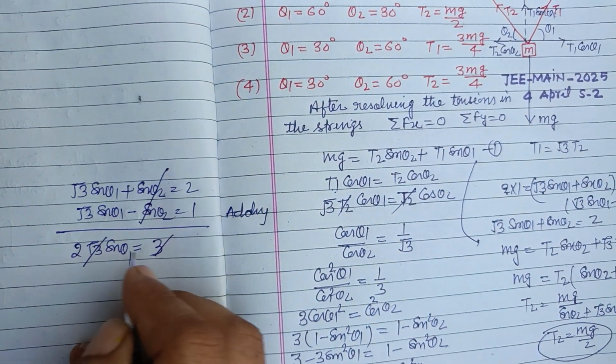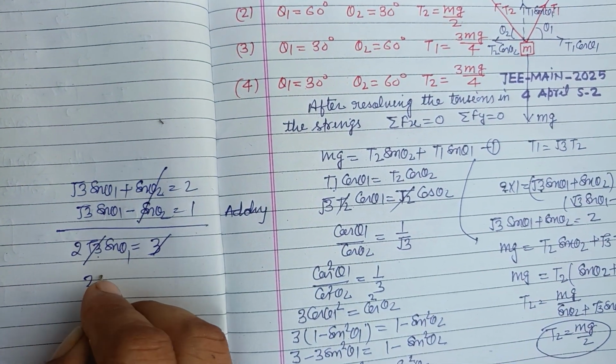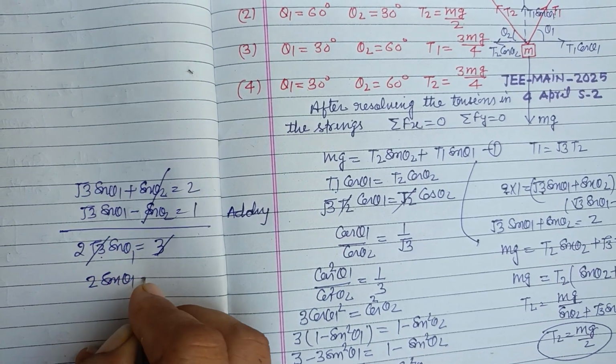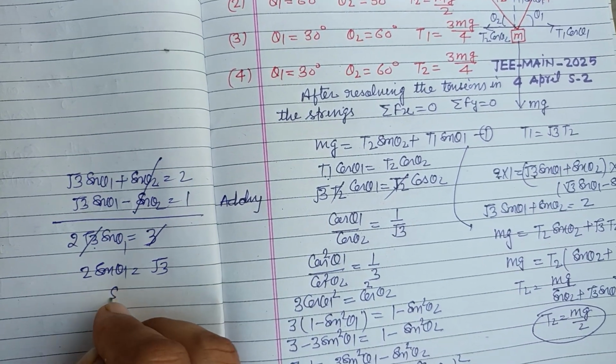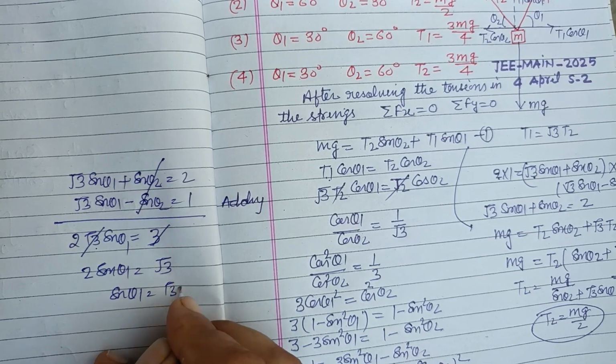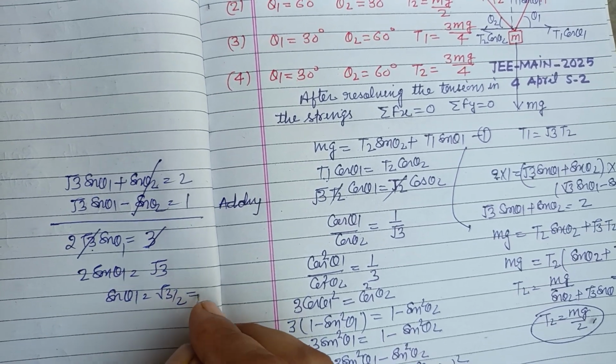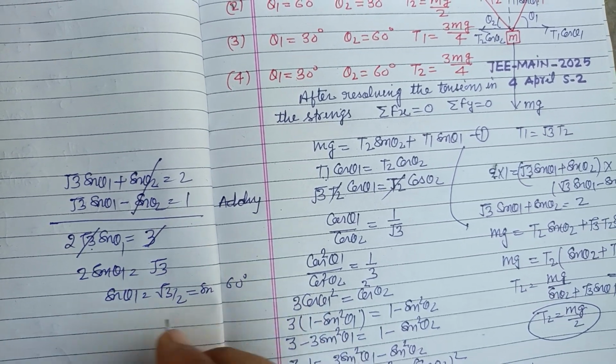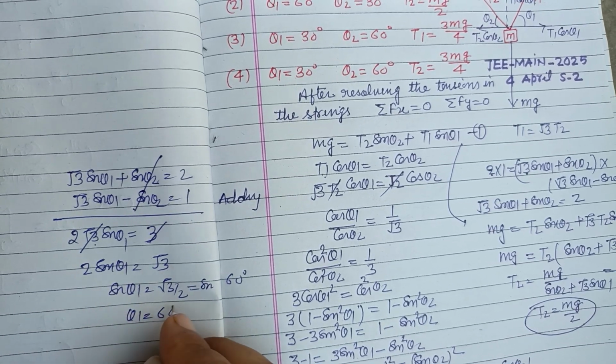We divide 3 by 2 root 3, so sin theta 1 equal to root 3 by 2, and this is the value of sin 60. So theta 1 is 60.